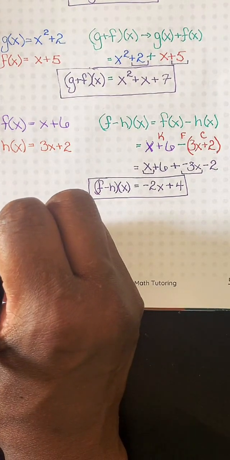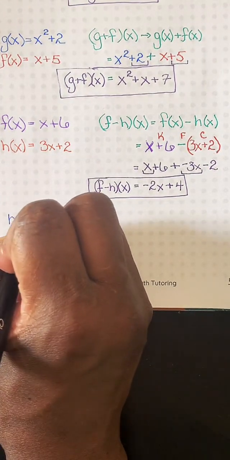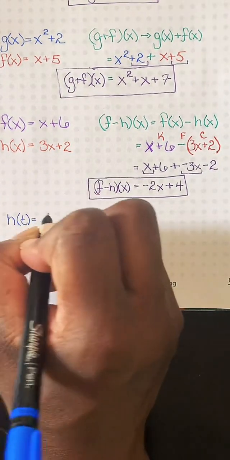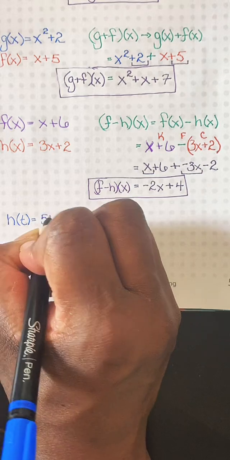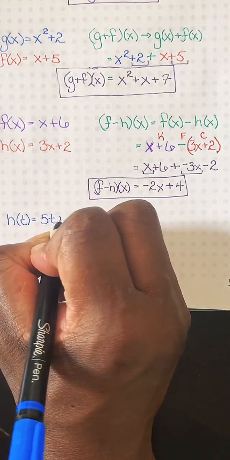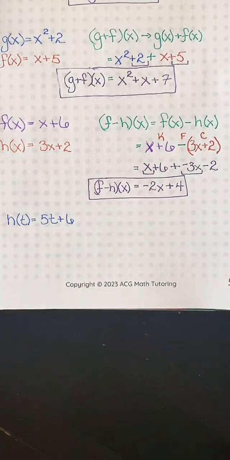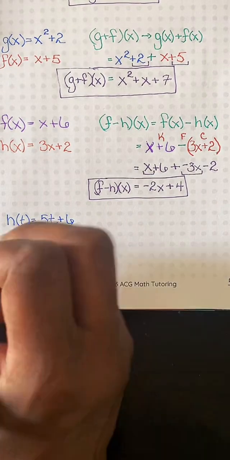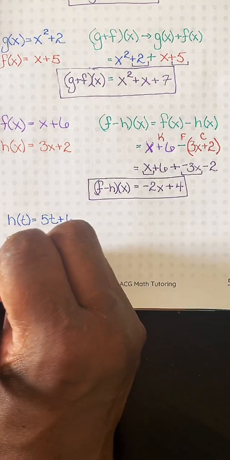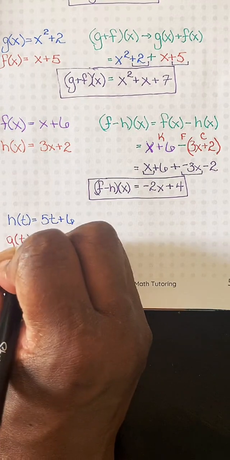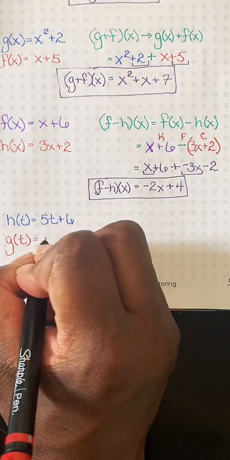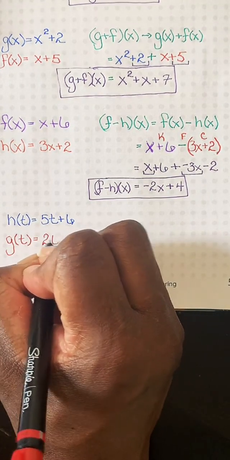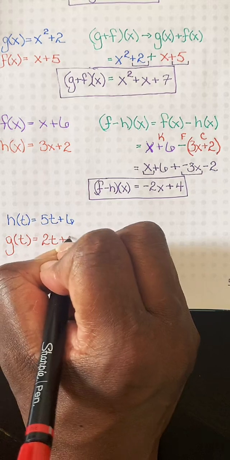So let's say we have h of t is equal to 5t plus 6. And then we have the g of t, and that's 2t plus 4.